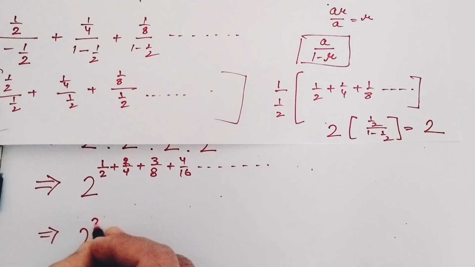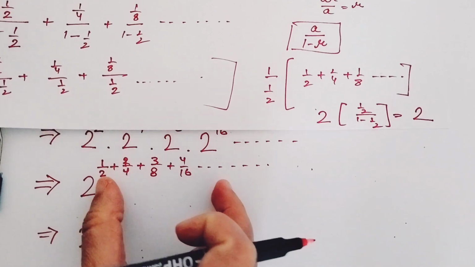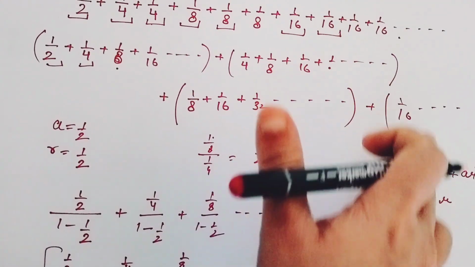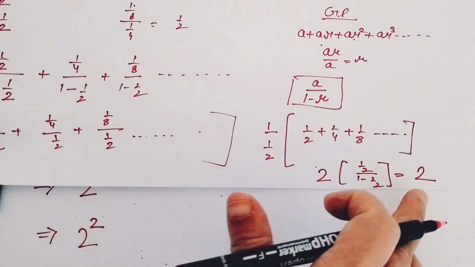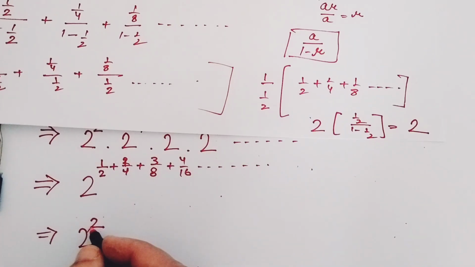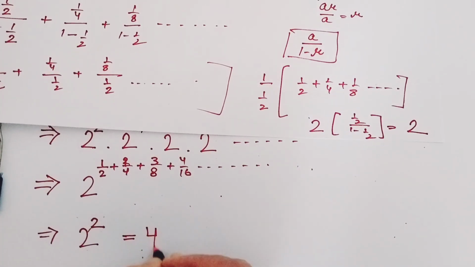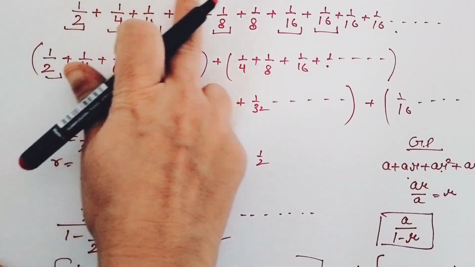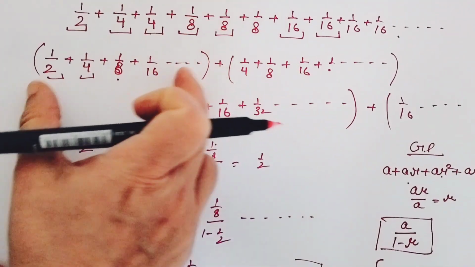So here we have 2 raised to power 2, because this sum we calculated here, answer is 2. So this is 2 raised to power 2 is equal to 4. How did we calculate it? We just split these terms in form of different GPs.